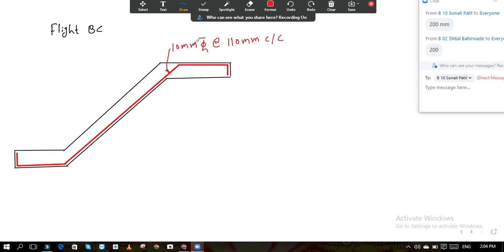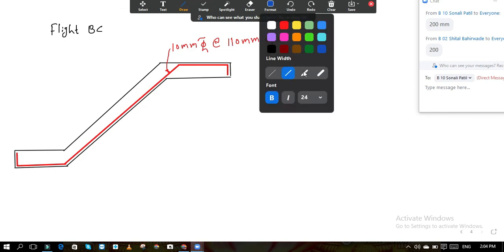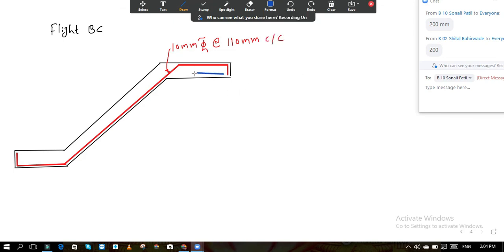Okay, then we will draw the top extra bars. The first top extra bar will start from this point, like this, and it will be anchored over here inside this bar, and from this it will move down up to the development length.